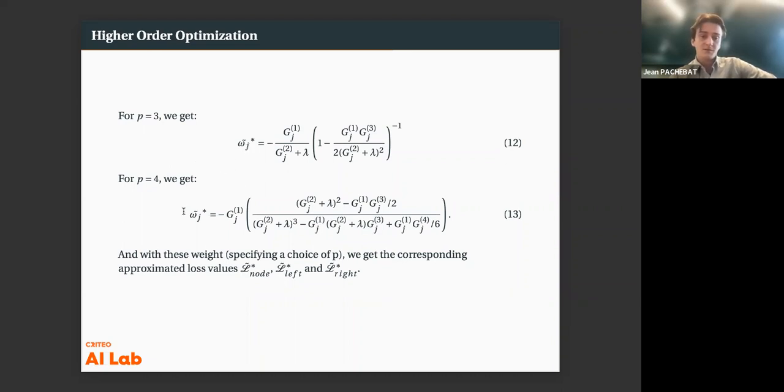With these new optimal weights, we get the corresponding approximated loss value in the combinatorial optimization problem that I've shown you before, and therefore we can find the optimal split candidates with these approximated optimal loss values, which correspond to these optimal weights.